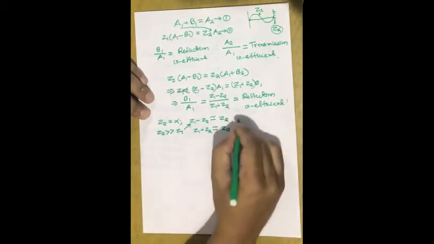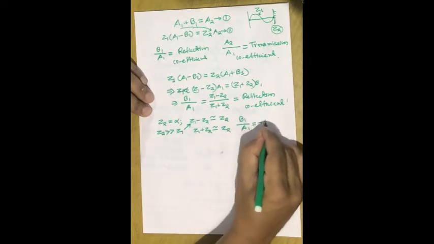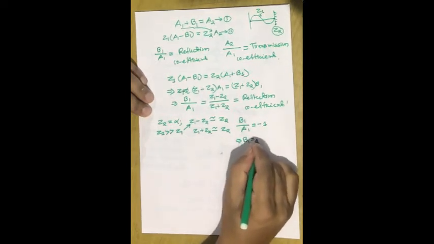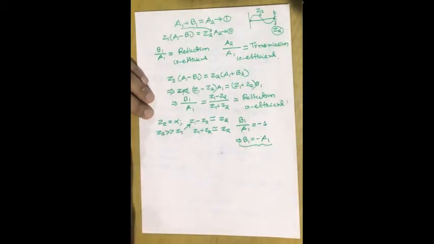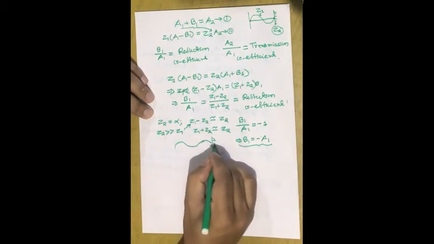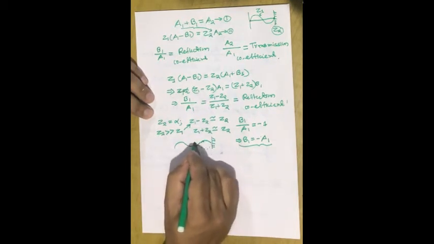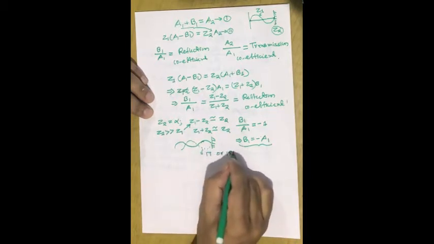So in that case B1 over A1 is equal to minus 1, that is B1 is equal to minus A1. The physical meaning of this statement is that the wave which is incident at this boundary will get totally reflected back, having a phase difference of pi or 180 degrees.